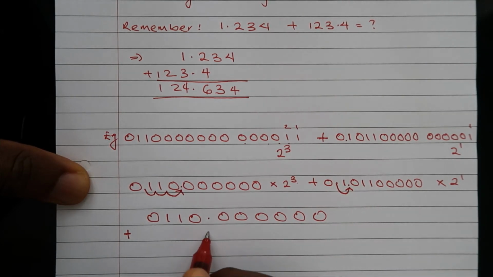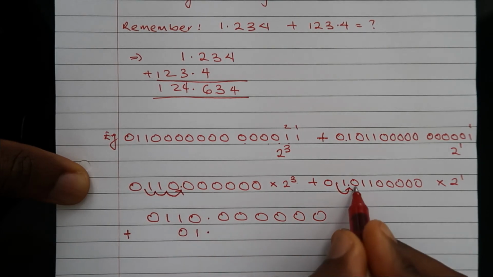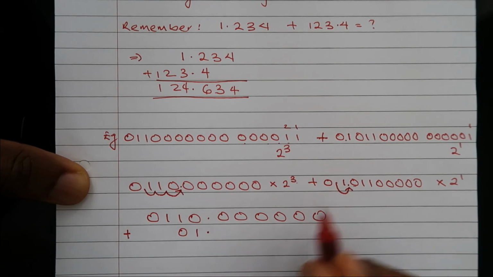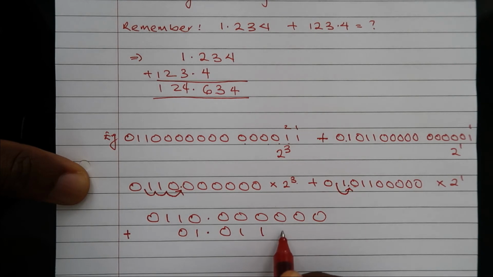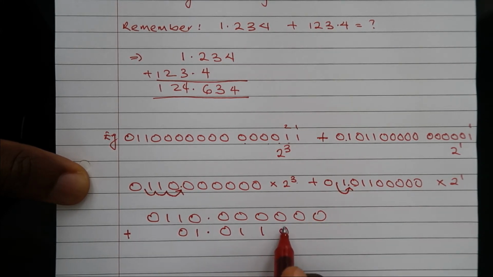I have my point there, and I have 1 0 there, and just after my radix point I have 0 1 1, and then I have 5 zeros afterwards.